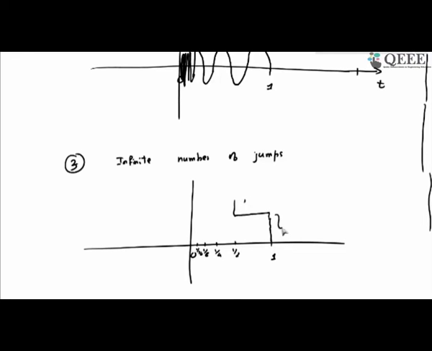You jump by a factor of 1 by 4 and you maintain at that level. At 1 by 4, you jump by 1 by 8 and then you maintain that until 1 by 8. At 1 by 8, you jump by 1 by 16 and so on. You keep jumping at 1 by 2 power n.